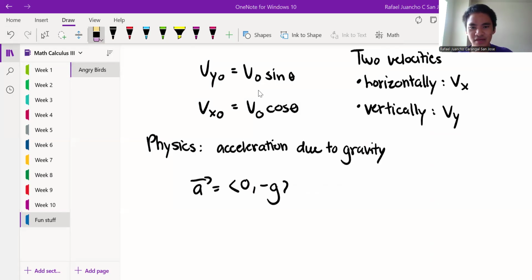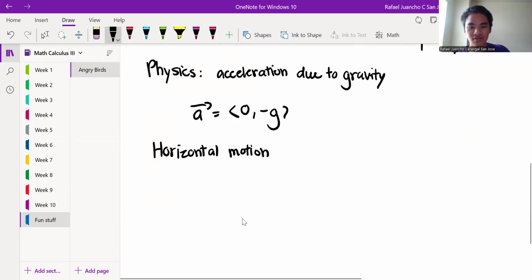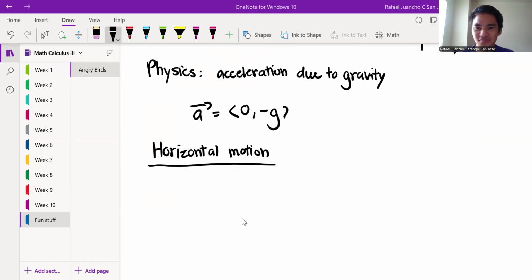So for our horizontal motion, moving left and right of the bird, we have no acceleration here. I don't think we do, unless there's something in physics that says we do.